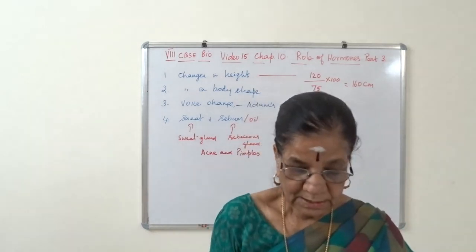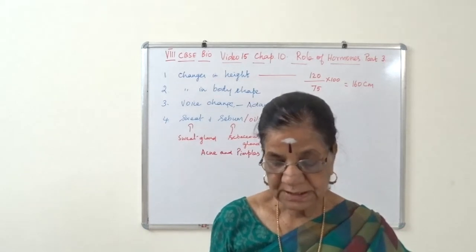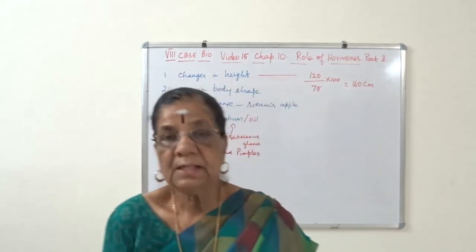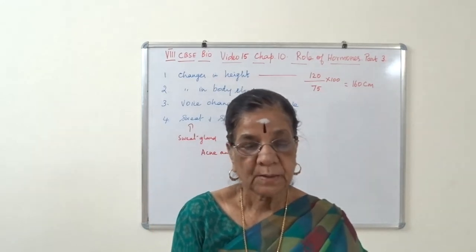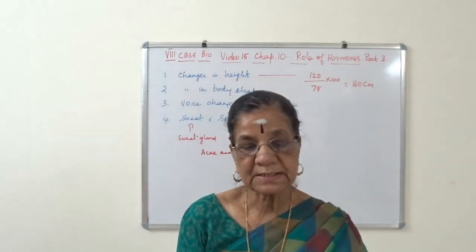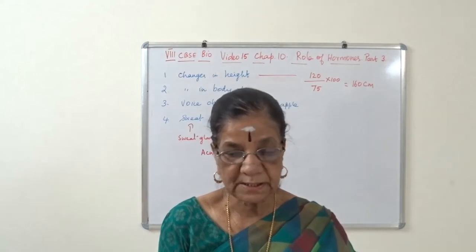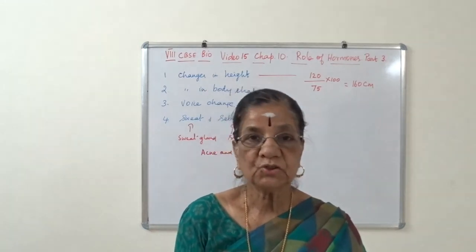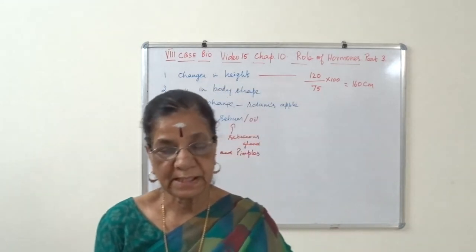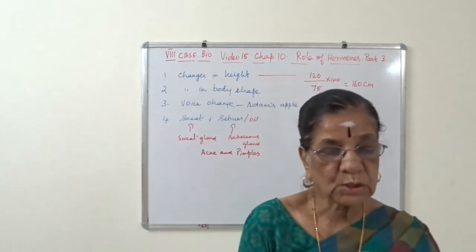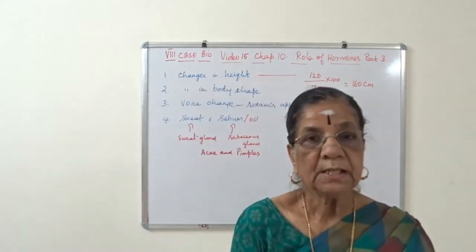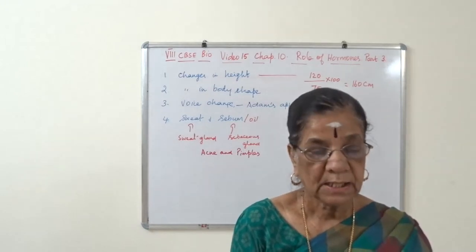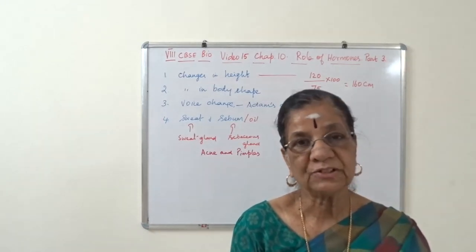Then development of sex organs, that we already studied. At puberty, male sex organs like testes and penis develop completely. Penis is a urinogenital opening in males. The testes also begin to produce sperms. In girls, the ovaries enlarge and eggs begin to mature.